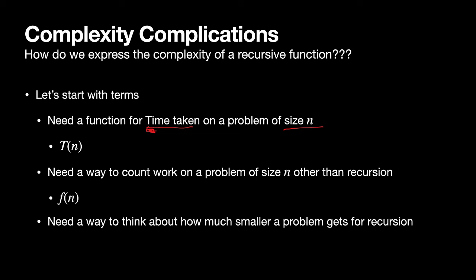We also need a way to think about how much smaller the problem gets as a process of recursion. In our Heapify, remember that the tree gets one level less tall each step we take. The overall height of the tree decreases by 1. Again, to keep things generic, we will use a function. We'll say that this is a function of the size of the problem n, and we'll just refer to it as g of n.